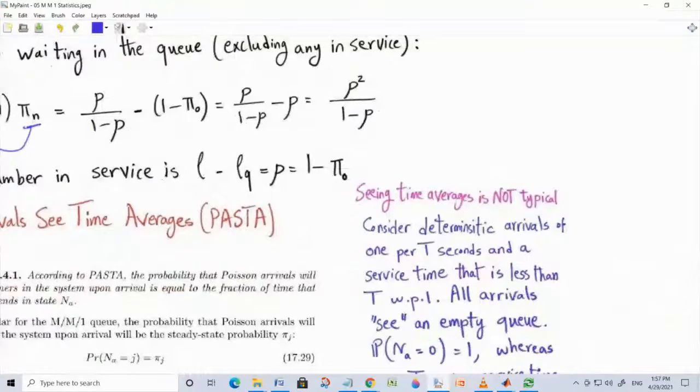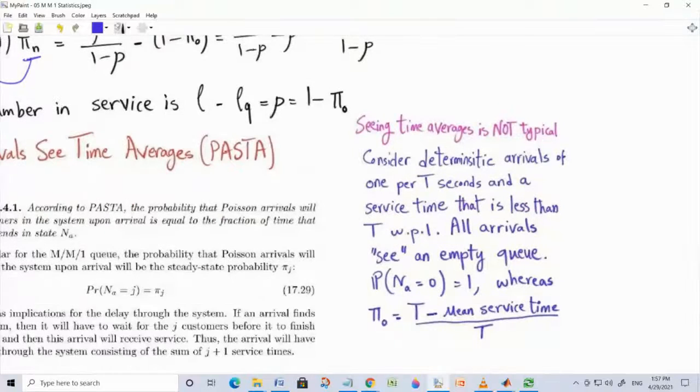Okay, so let's talk about an example before we dive into this PASTA property. So suppose that rather than having M/M/1, which is basically what we are doing right now, you have a deterministic inter-arrival time, which means that you have a customer arriving exactly every T seconds.